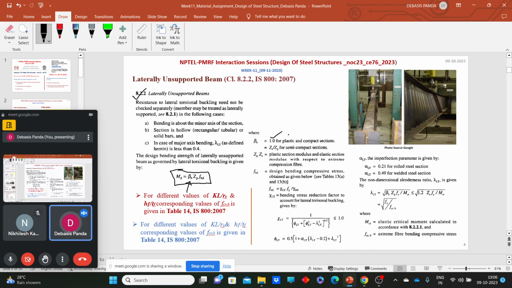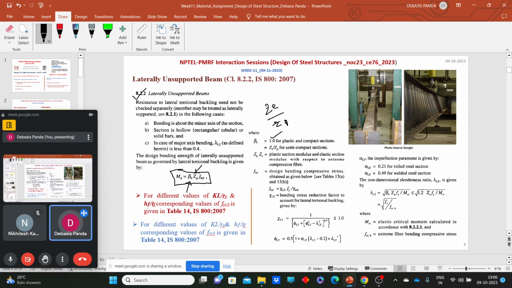Otherwise, we need to calculate beta b as the ratio of Ze, the elastic section modulus, divided by the plastic section modulus Zp. Zp in the second term of the equation is the plastic section modulus, which we can easily calculate, or these values are provided in SP6 or any handbook.